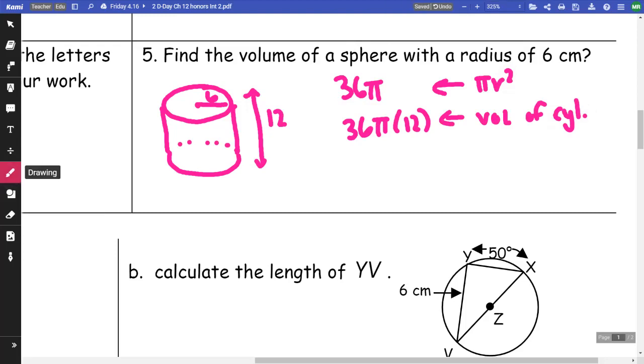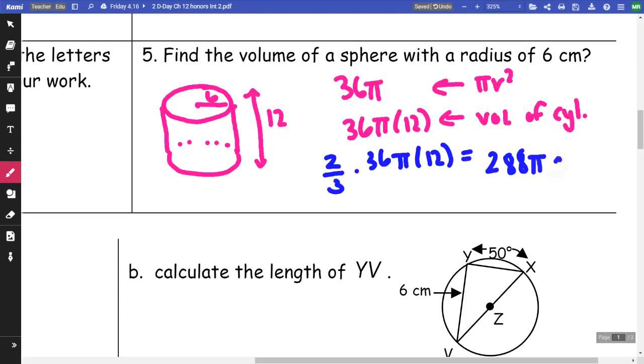Now, 2/3 of a cylinder would be a sphere. And so when I do that math, I end up getting 288 pi centimeters cubed as my answer.